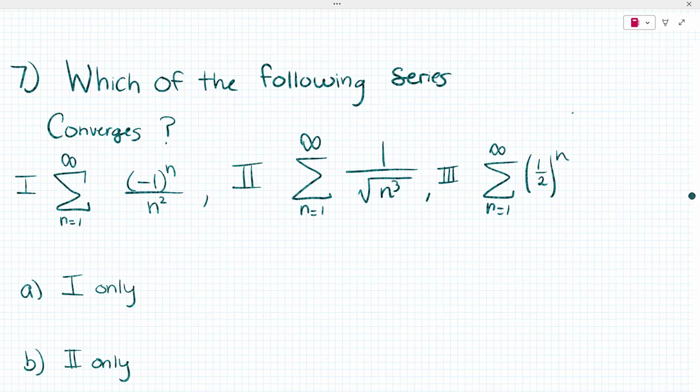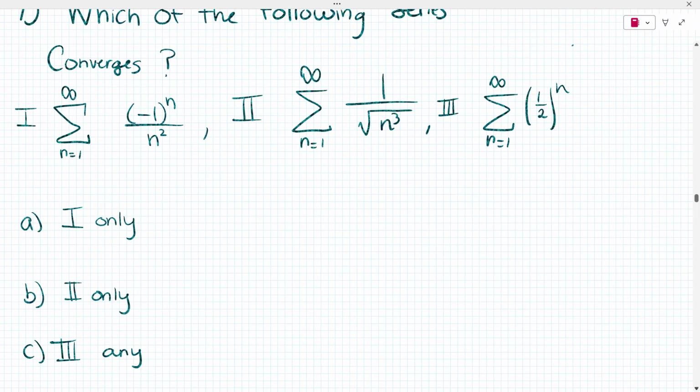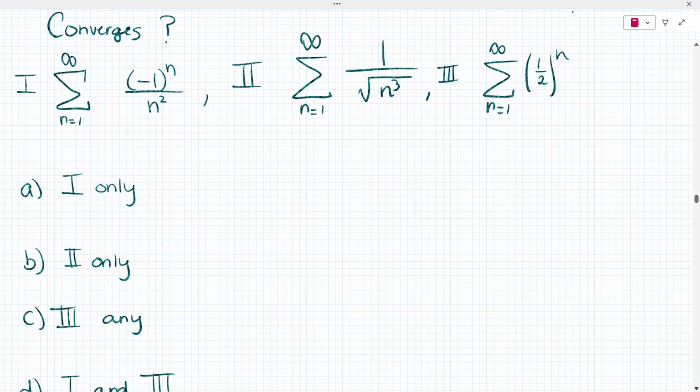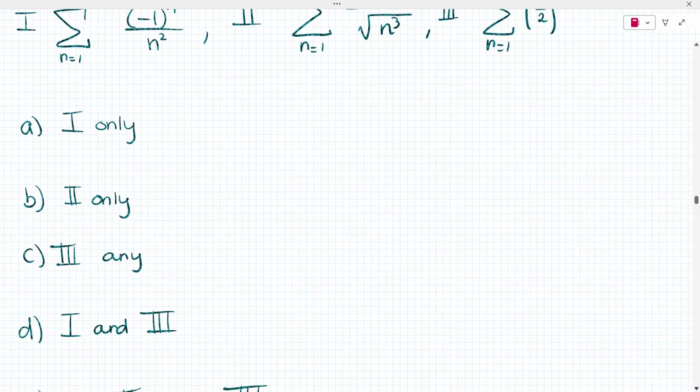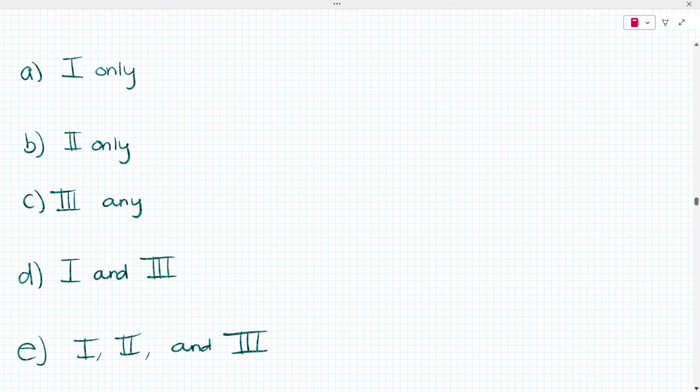The choices are A, 1 only, B, Roman numeral 2 only, C, Roman numeral 3 only, D, Roman numeral 1 and 3, or E, 1, 2, and 3.